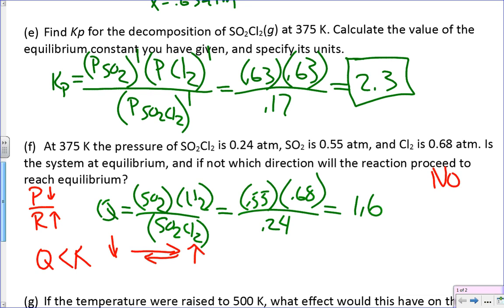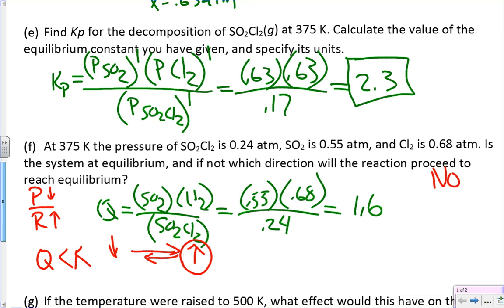That means we're going to favor the production of products, which means we're shifting equilibrium to the right. Because Q is less than K, your book would say we're going to shift the reaction to the right to achieve equilibrium. All that really means is our product concentrations are going to go up and our reactant concentrations are going to go down. That's why we call it a shift to the right, because we're favoring the production of products.